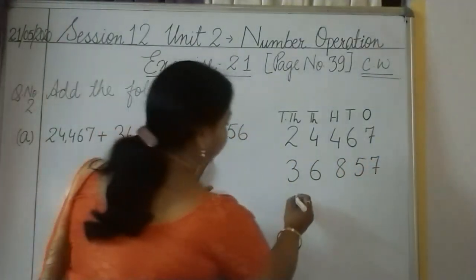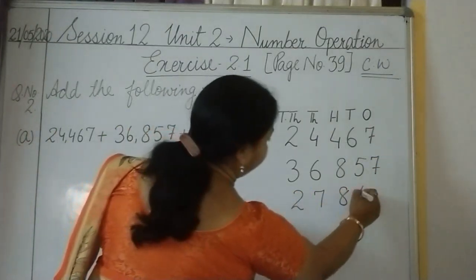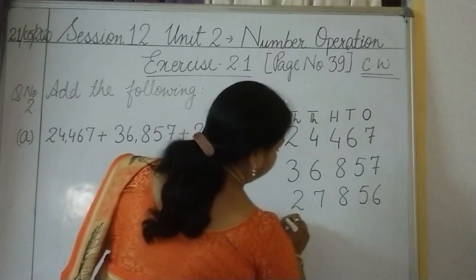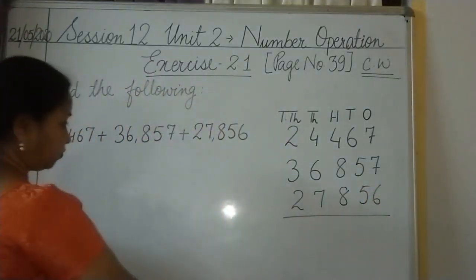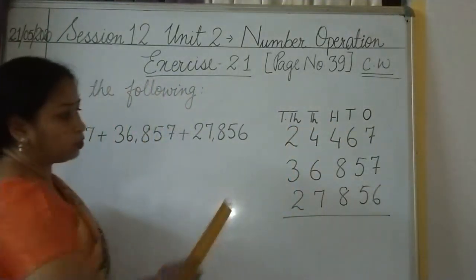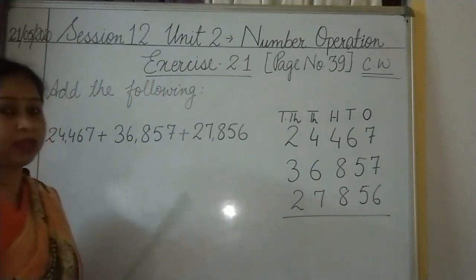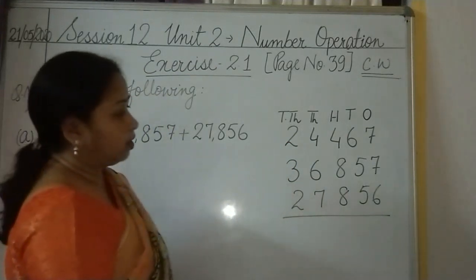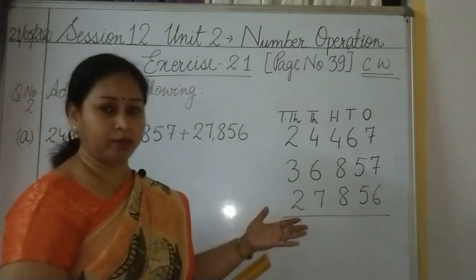And the last number given to me is 27,856. Okay. Now, why I have written this is very much clear now, because while I was writing this, I did not make any confusion whether I am writing at tens place or ones place or hundreds place.